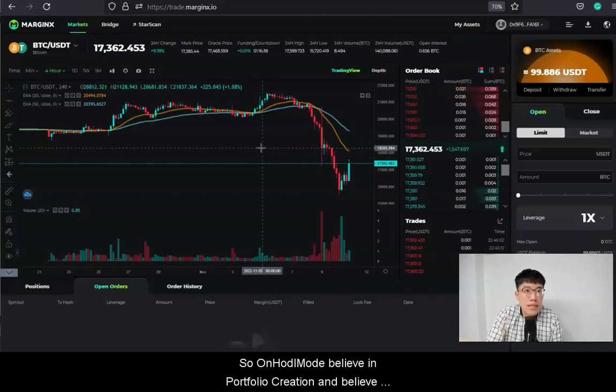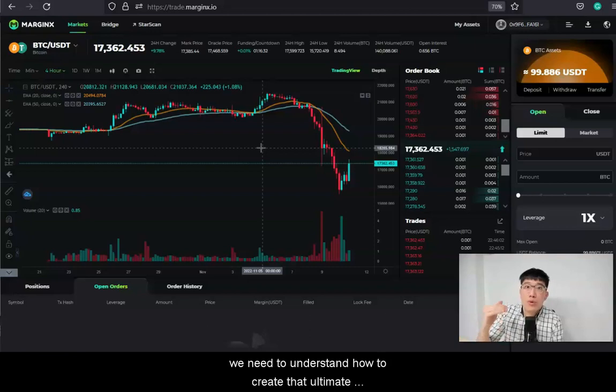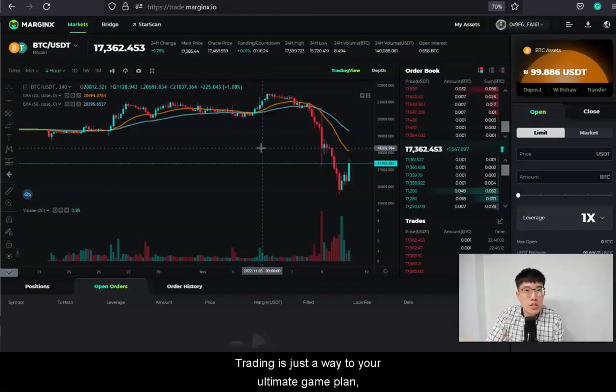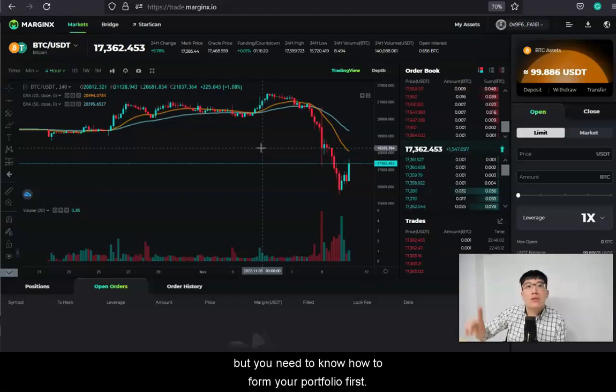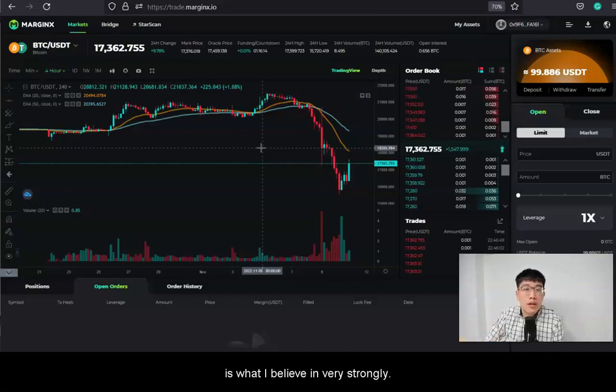Hodl Mode believes in portfolio creation, and that we need to understand our risk profile and how to create that ultimate portfolio, to have that winning strategy and know where you should be going. Trading is just a way to get to your ultimate game plan, but you need to know how to form your portfolio first. That is what Hodl Mode believes in very strongly, and what I believe in very strongly. We'll talk more about that soon.